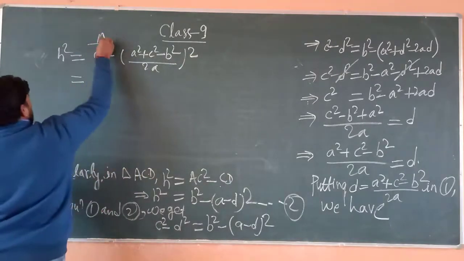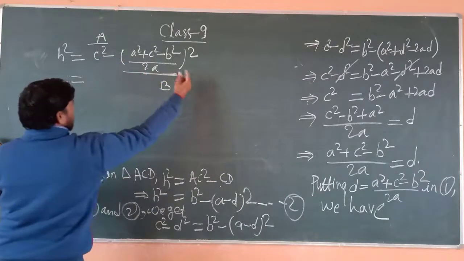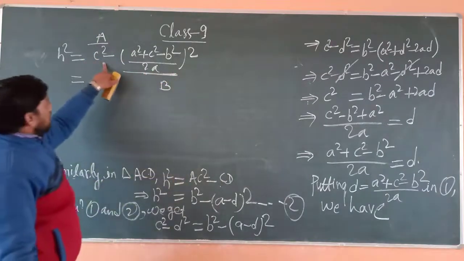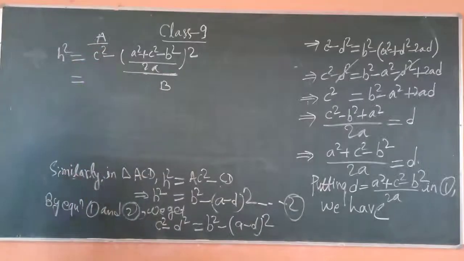Suppose it is A and it is B, whole, then A square minus B square, it is the form of A square minus B square.